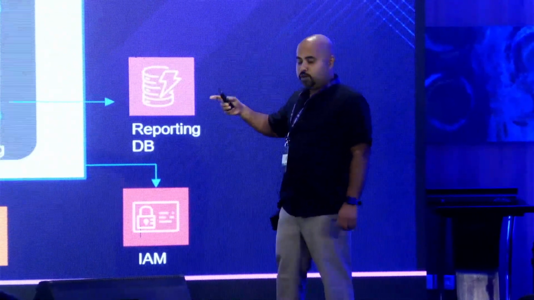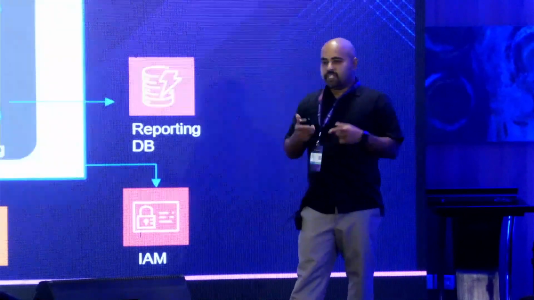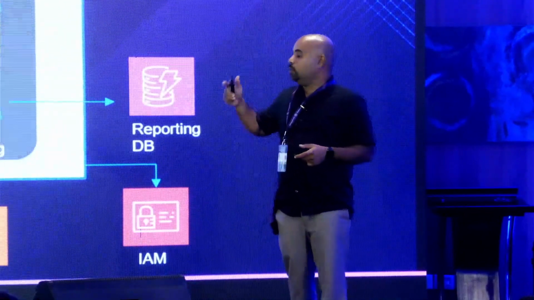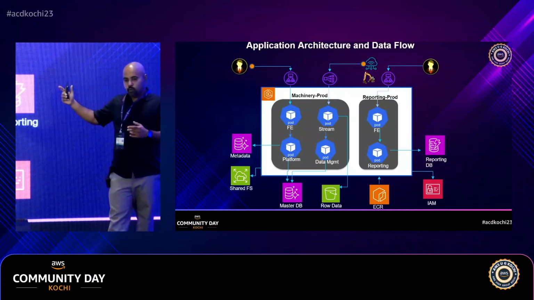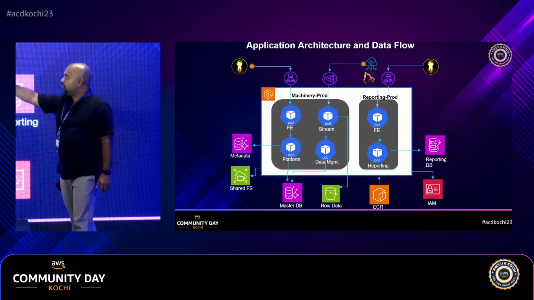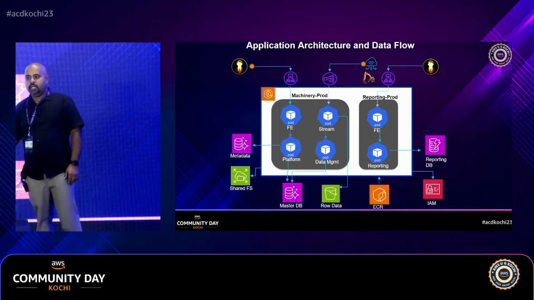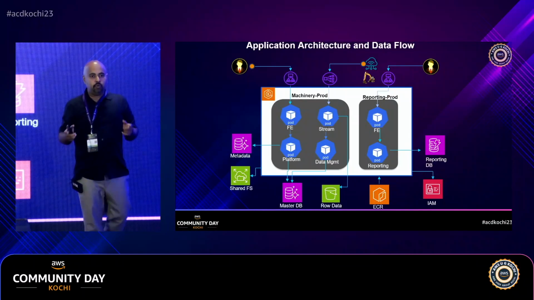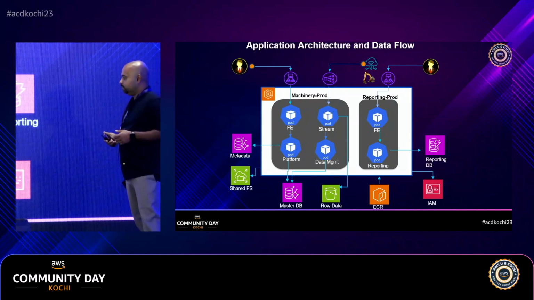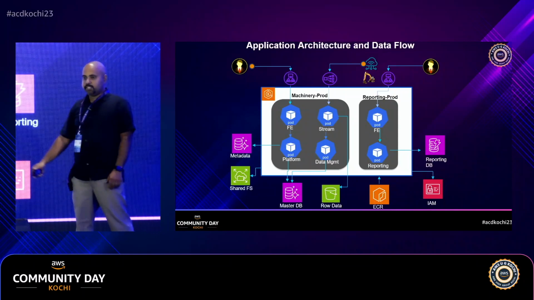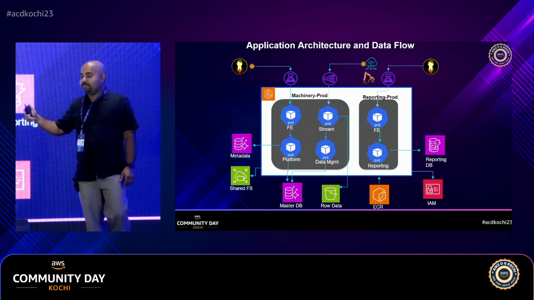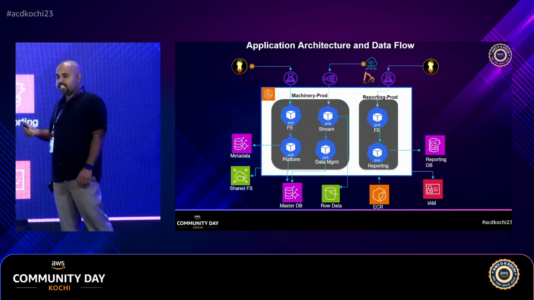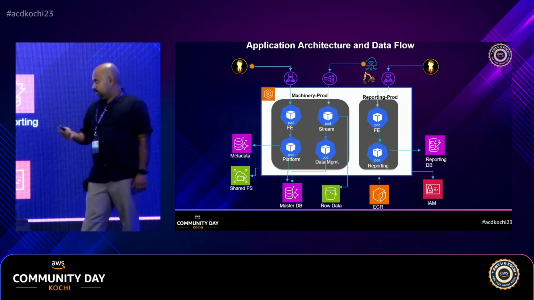In Kubernetes, it has been isolated and subdivided into namespaces to accommodate more applications. There are two production namespaces you can see, machinery prod and reporting prod, used by two different businesses of this customer. The third namespace, which was not in this diagram, is development, where the customer was experimenting with a lot of new features.